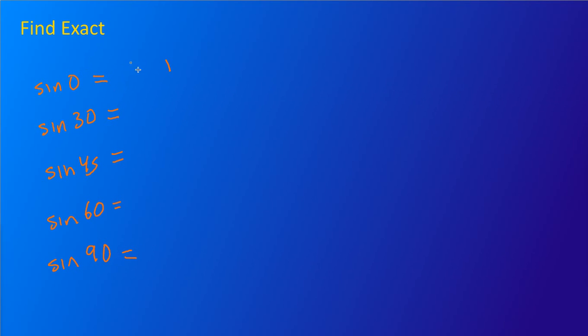If I type in my calculator, I'll get decimals. So you can either memorize this. We also need to do it with cosine for each of them. And we also need to have it memorized for tangent for each of them.